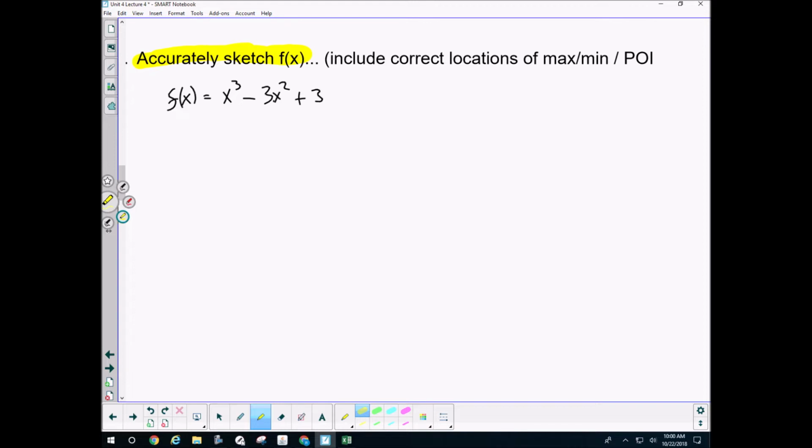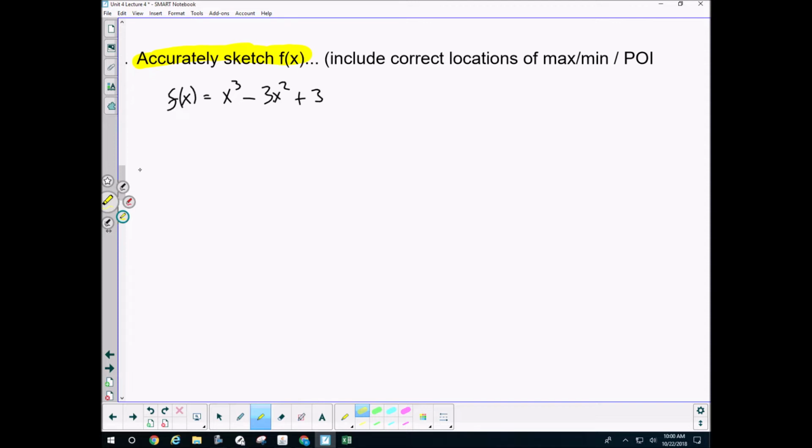Okay, I can even do a little bit more analysis. And if I asked you to do this before you learned calculus, you would just start plugging in x's, or you'd hope that you had a calculator nearby. But if you don't have your calculator, now with calculus, we can do a very, very good job, without the use of a calculator, sketching what x cubed minus 3x squared plus 3 looks like.